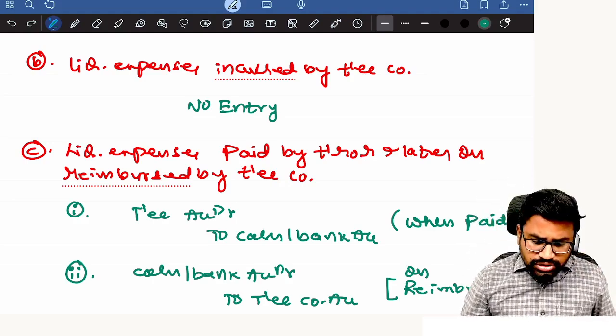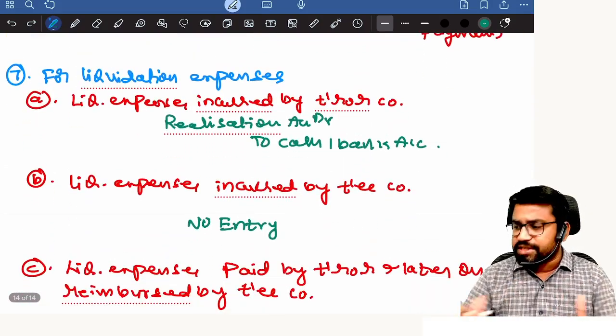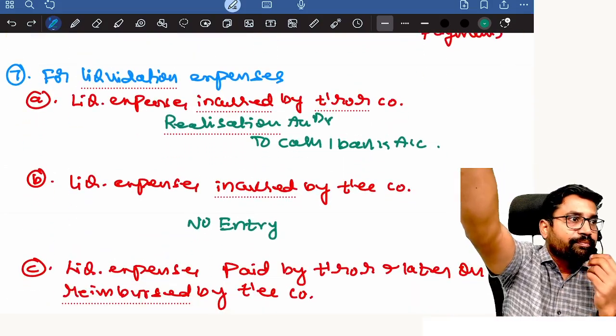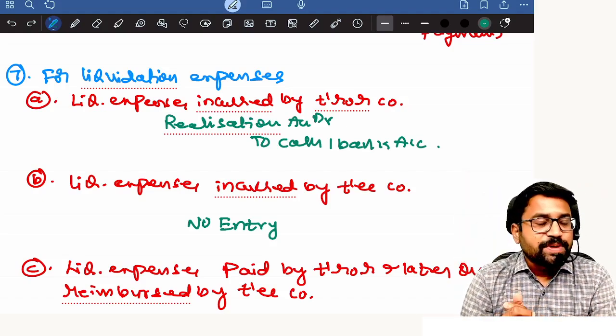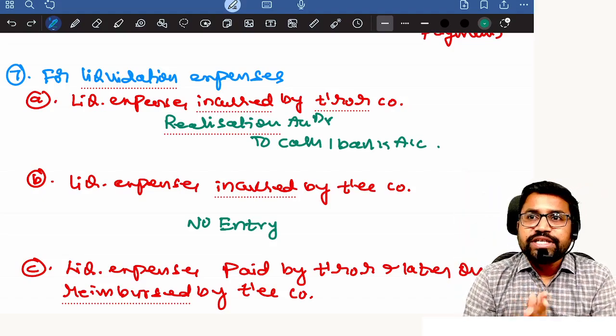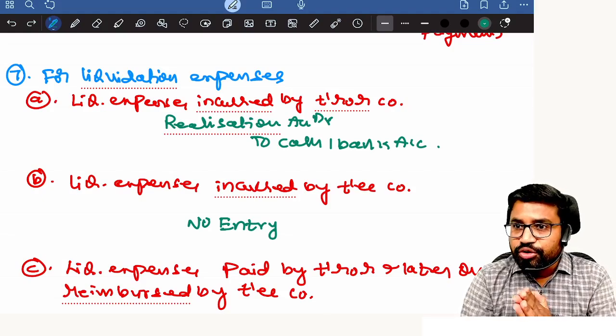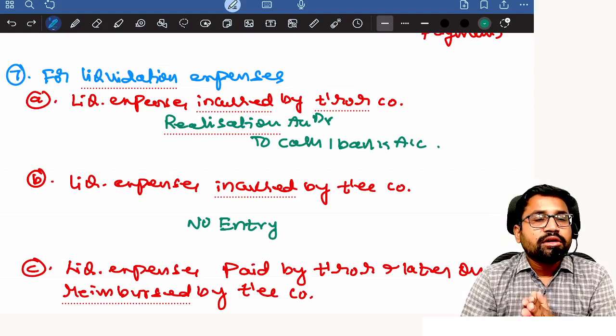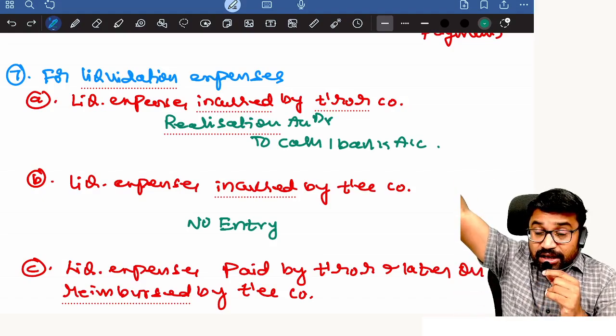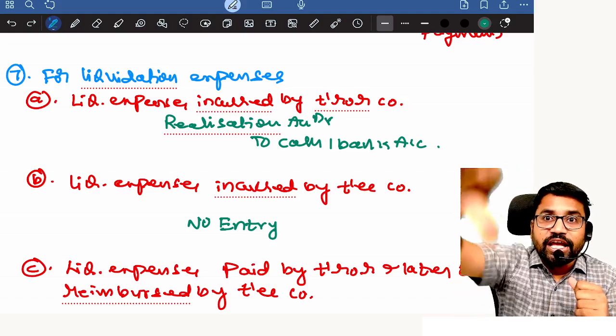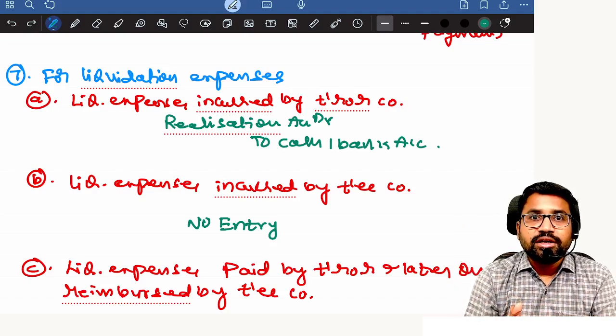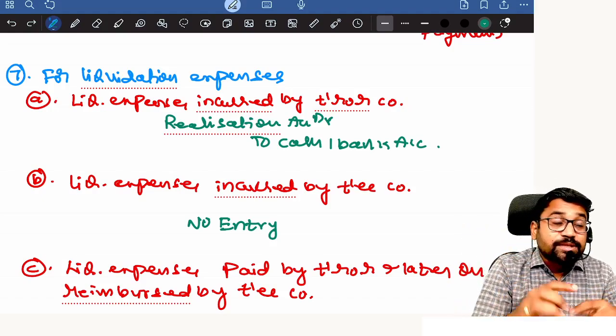Hello? So tell me, liquidation expenses, how many cases? First case. Liquidation expenses incurred by whom? What is the entry? Realization to cash or bank. Second, liquidation expenses incurred by? What is the entry? No entry. Next, third case. Liquidation expenses paid by whom?